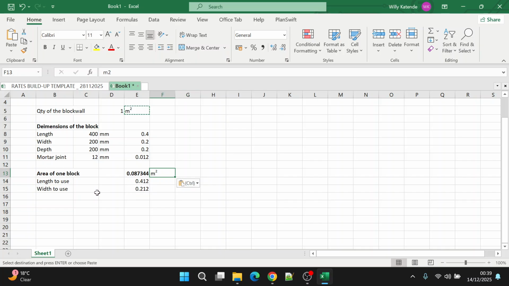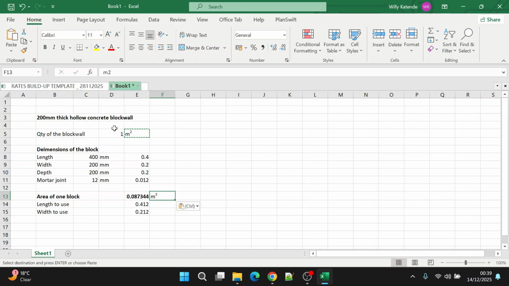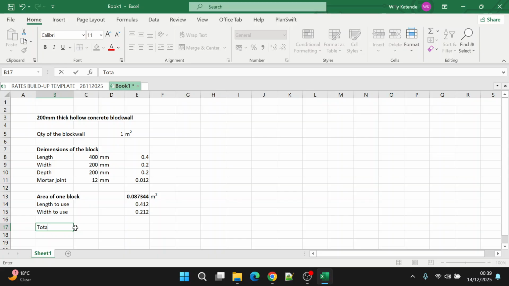the total number of blocks required in 1 square meter. So that's what we're going to calculate, is equal to the total quantity of the block wall that you want to build divided by this area of one block.